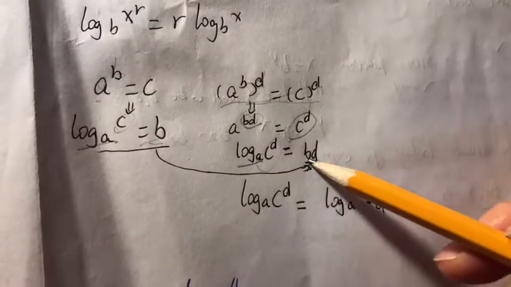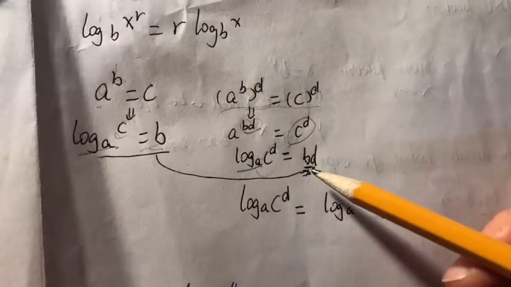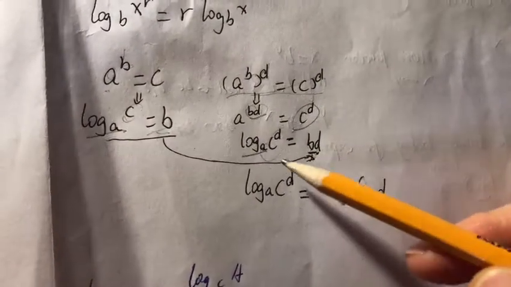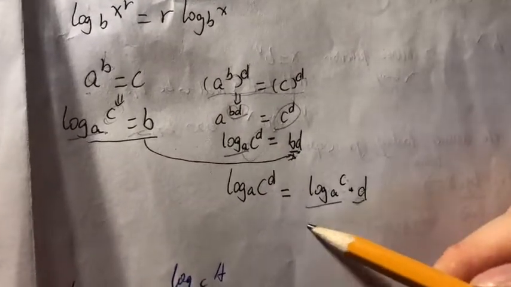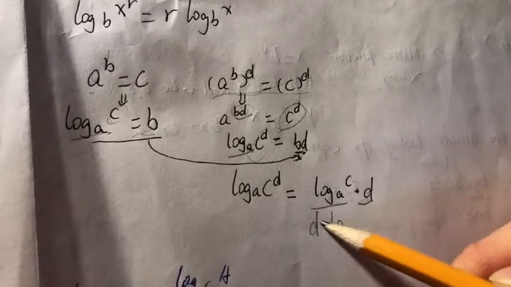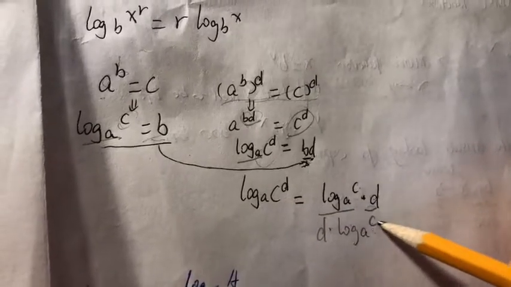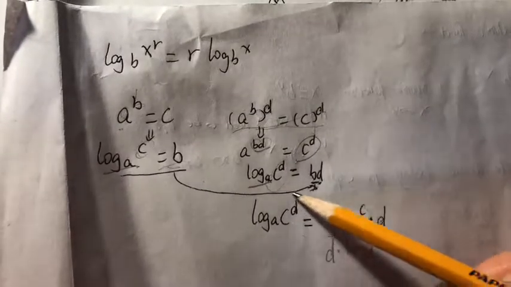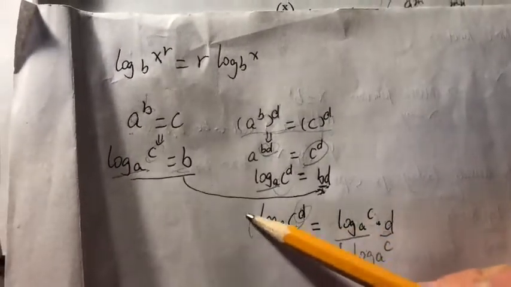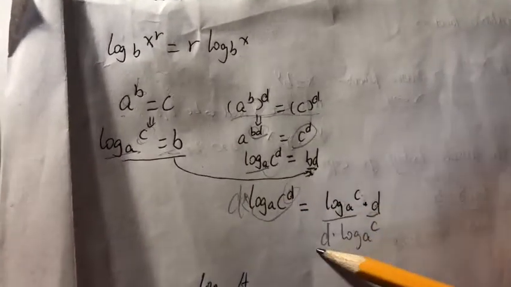So if we substitute it into this, we can get this formula. Now you actually just get d times log_a c. If you look at this, it's basically the same thing. You just put the exponent in front and multiply. That's how you prove it.